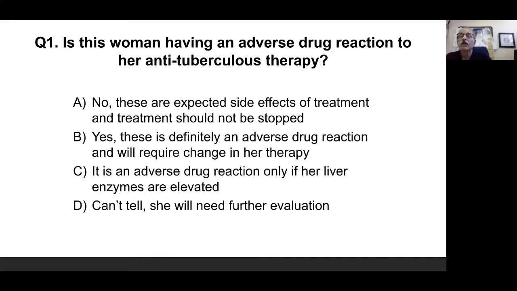So almost all of you answered that you can't tell, which I think is probably the most appropriate response here, because until you've evaluated, you don't know the answer. These could be expected side effects of her medication, but they could be markers of something more serious going on.